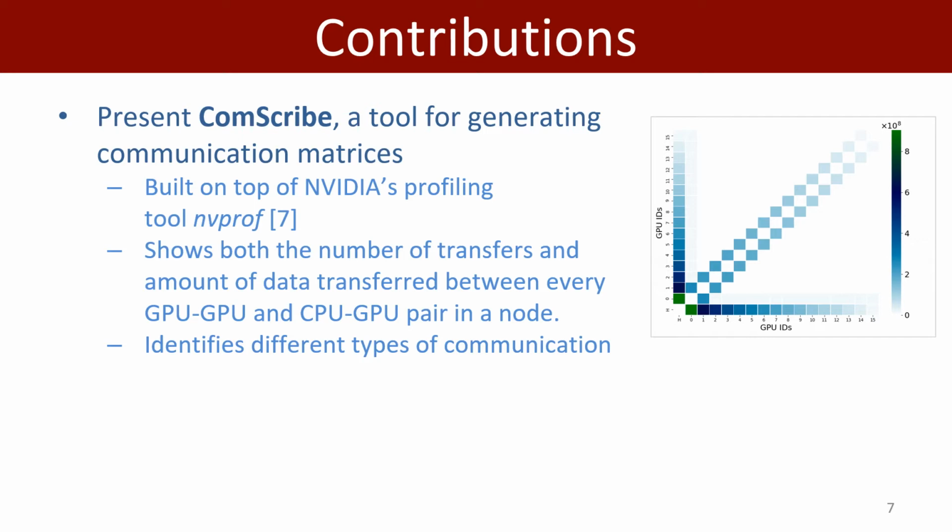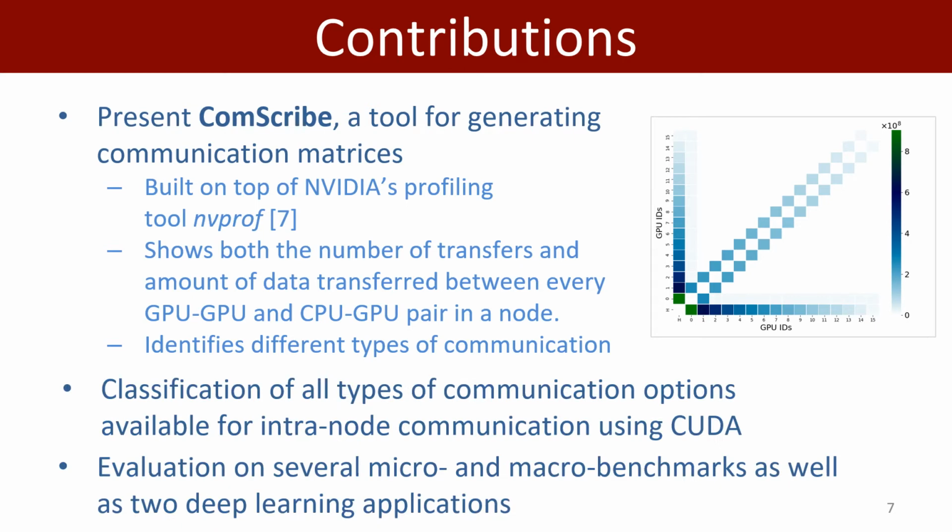The communication matrices are represented as two-dimensional arrays that show both the amount of data transferred and the number of transfers between every GPU-GPU and CPU-GPU pair in a node. In the matrix, the 0th index represents the host, and the rest of the indices represent the devices in the node. We have also evaluated our tool on several benchmarks, and we discussed the ComScribe generated matrices for two deep learning applications as use cases.